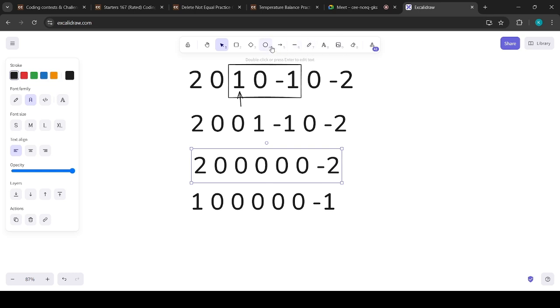It will take 6 seconds to transfer this 1 degree Celsius from here to here.